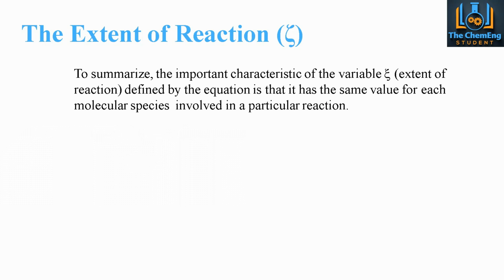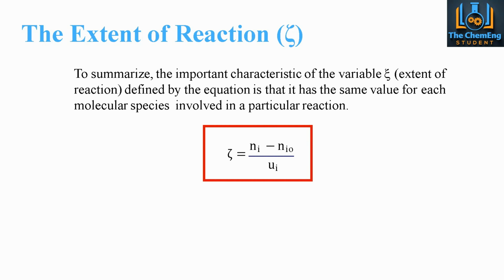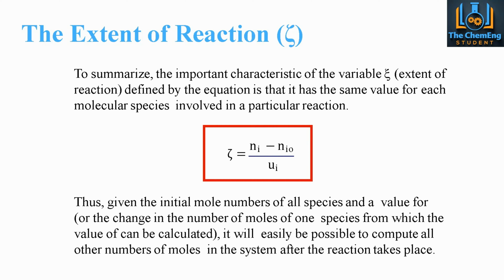Now, to summarise the importance of the characteristic variable zeta, which is known as the extent of the reaction, we can use the following equation that is involved in a particular reaction. In general, it is based on the initial and final number of moles, and also on the stoichiometric coefficient for a given species.